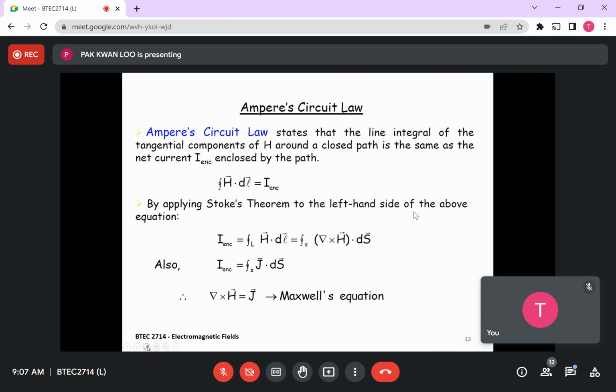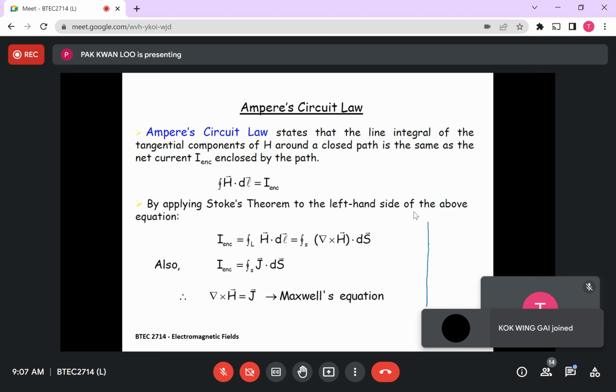So assume that I have a current carrying wire. You can take your pen. Imagine that you place it on top of your table, perpendicular to the table.